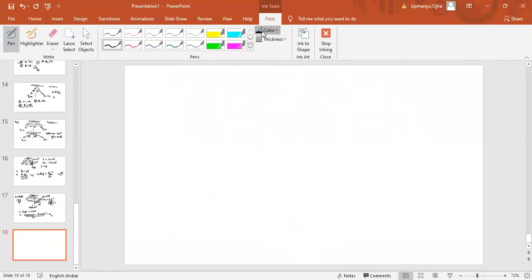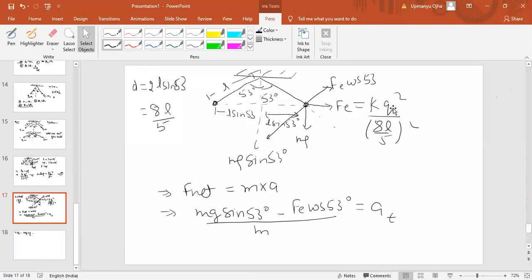Now if we solve this problem, we get what? Tangential acceleration must be equal to mg sine 53, which is 4 by 5, minus the electrostatic force. Now, the electrostatic force acting at this particular point is kq square by 8L by 5 whole square. That would be equal to 25 kq square by 64L square.